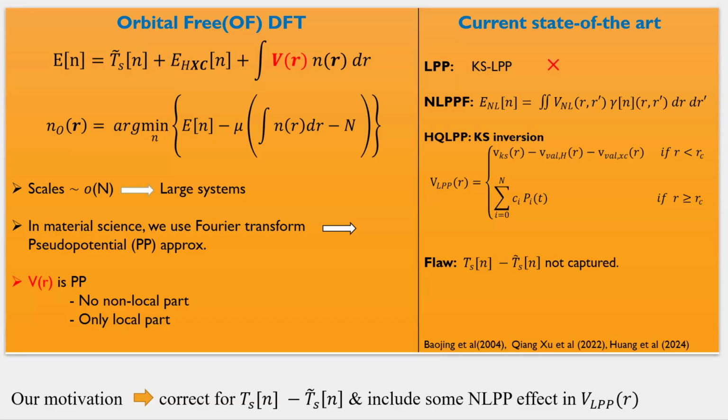However, there's a flaw with this approach, because the difference between the exact kinetic energy functional and the approximate kinetic energy density functional is not captured. And so our motivation in this work is to correct for this difference, and to include some effects in the local pseudopotential.